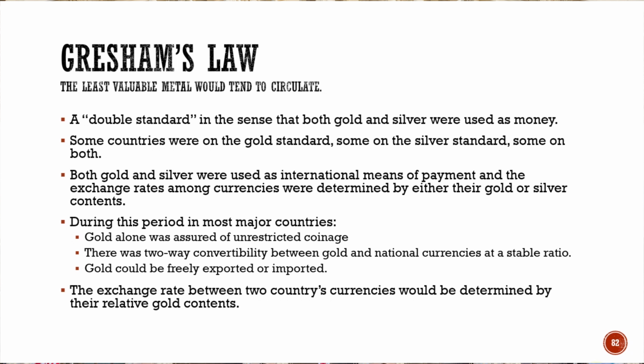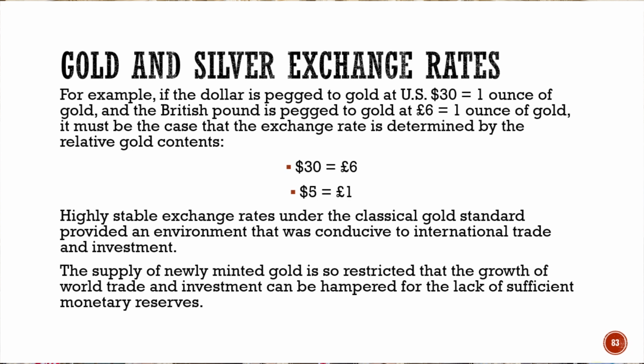Now, during those days, they didn't have efficient machines to print an outrageous amount of cash, which meant that you couldn't devalue yourself out of a situation very fast. So here's an example where the assumption is that 30 US dollars equals 1 troy ounce of gold.